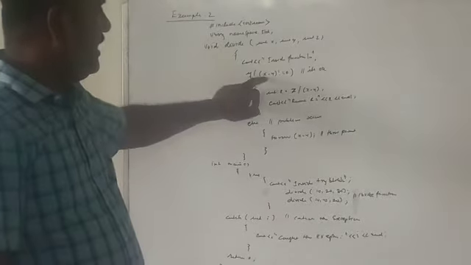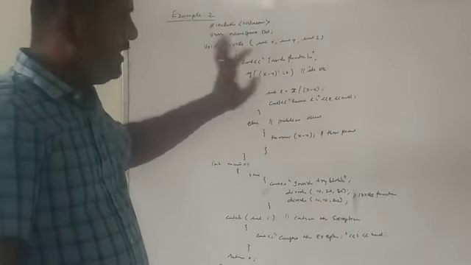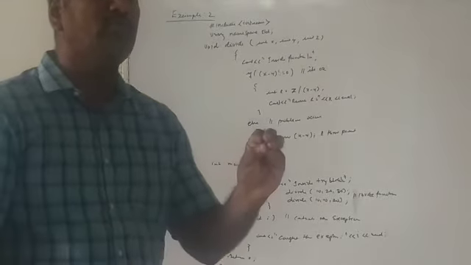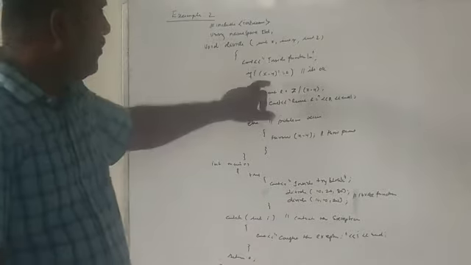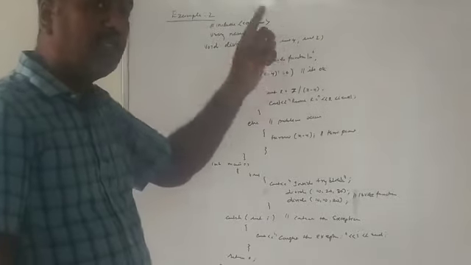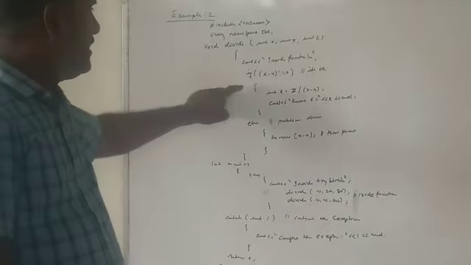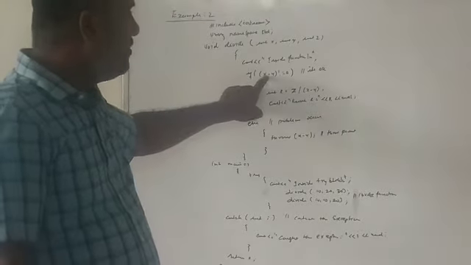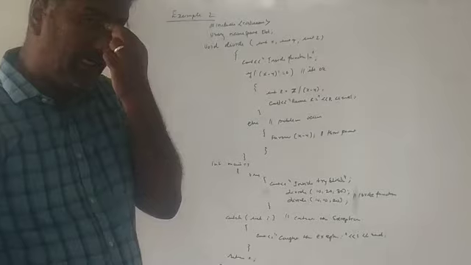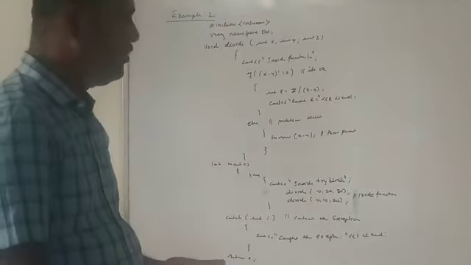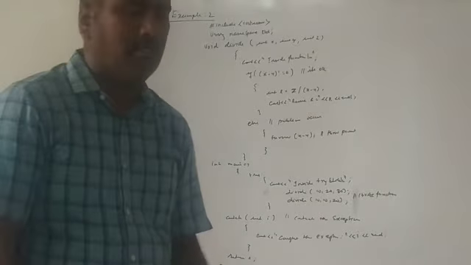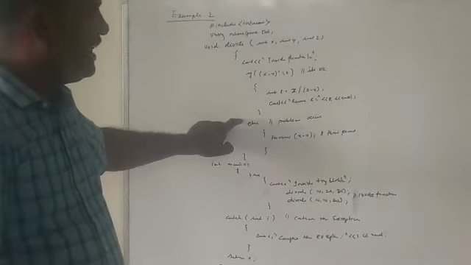Suppose x minus y equals 0. At that time the condition is not satisfied and a problem occurs, so we enter the else part.